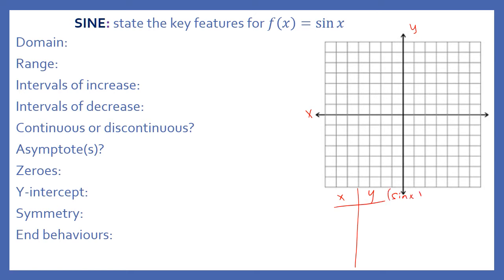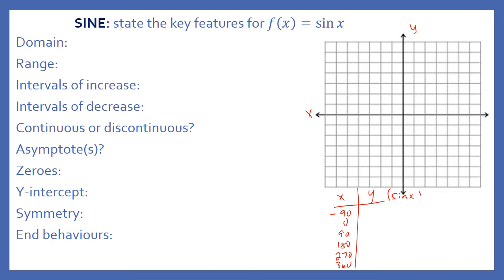We're going to stick to degrees for now, but I'm going to go from negative 90, 0, 90, and so on, all the way to 360. And really, since this is periodic, you can pick any x coordinate, but it makes sense to go up by 90s.